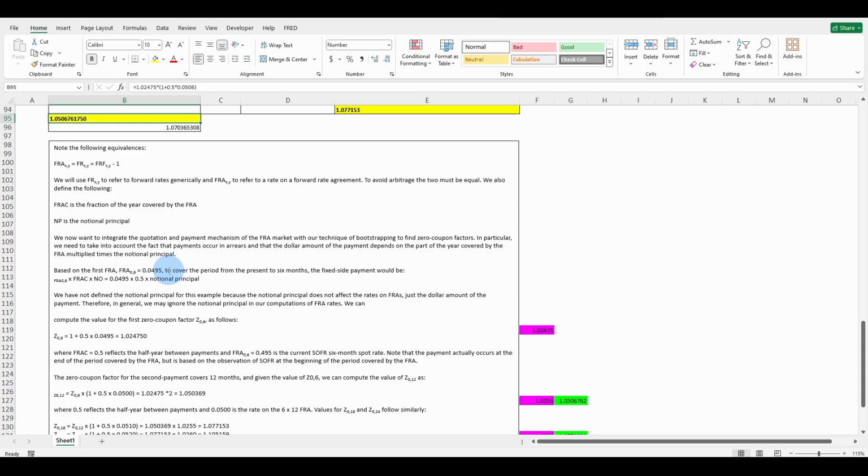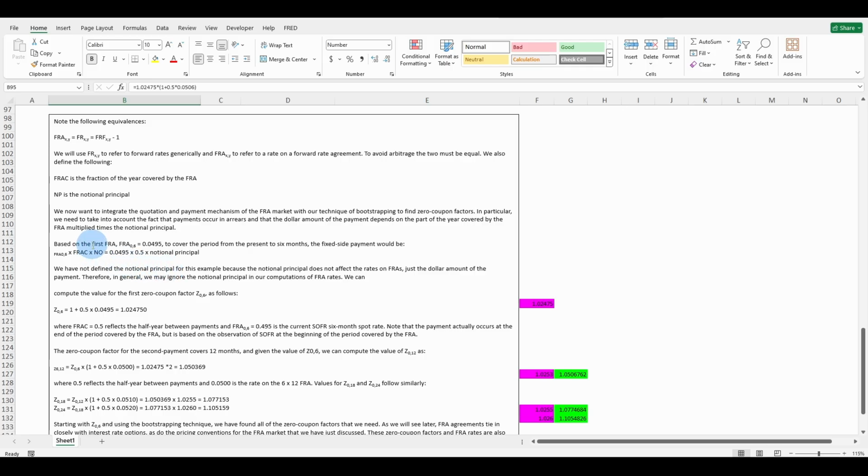In particular, we need to take into account the fact that payments occur in arrears and that the dollar amount of the payment depends on the part of the year covered by the FRA multiplied times the notional principal. So based on the first FRA 0x6 is equal to 0.495 to cover the period from the present to 6 months, the fixed side payment would be FRAC 0x6 times the timeline times notional, equals 0.495 times 0.5, which is the 6 months, times notional principal.